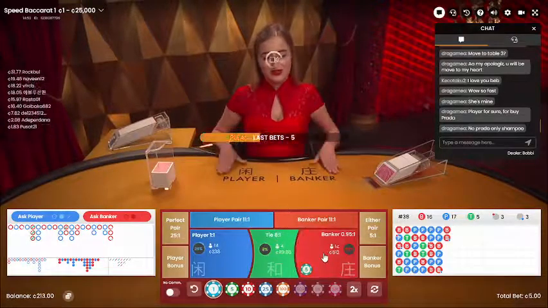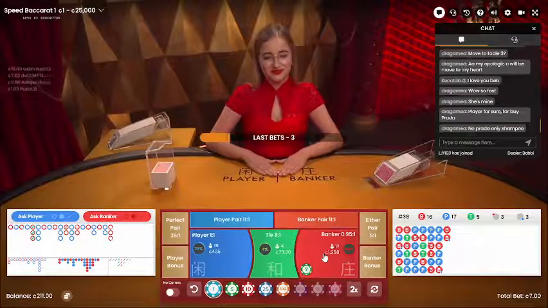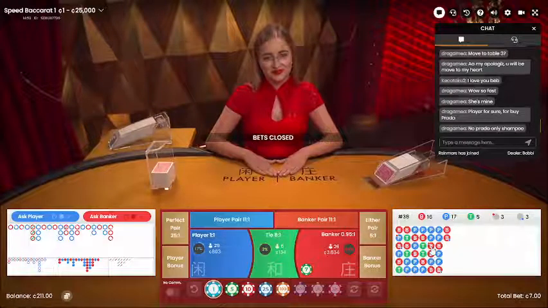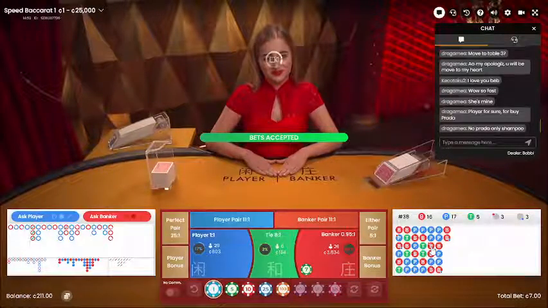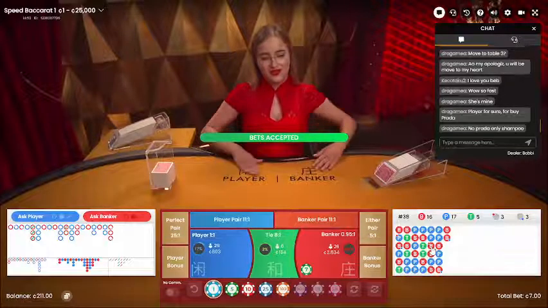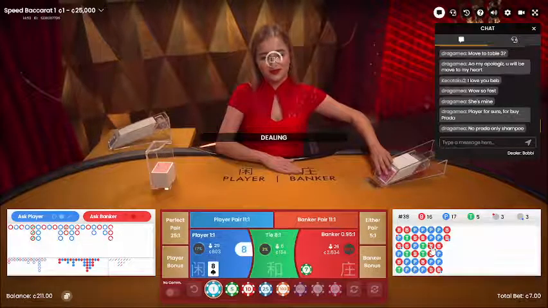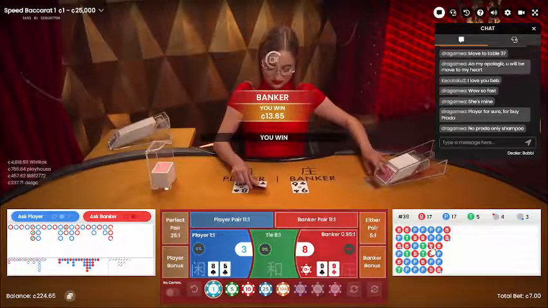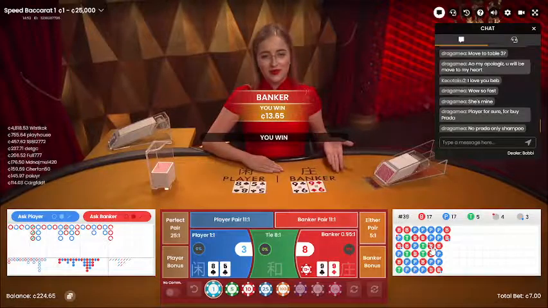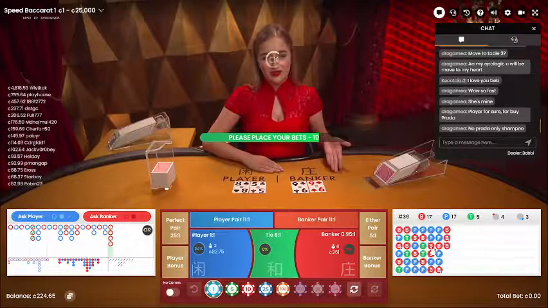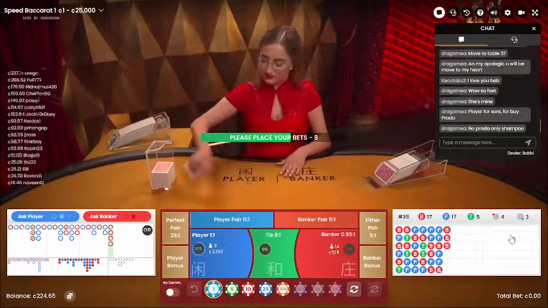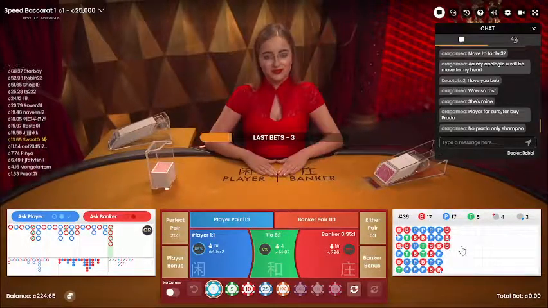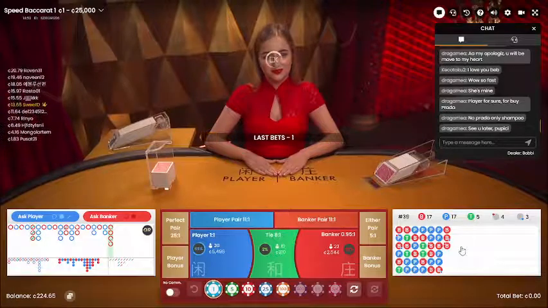So that's 7 units. Now the third outcome of the last but one column, and we won on our third bet. So we wait patiently for this column to fill in, and then we start placing our next set of bets.